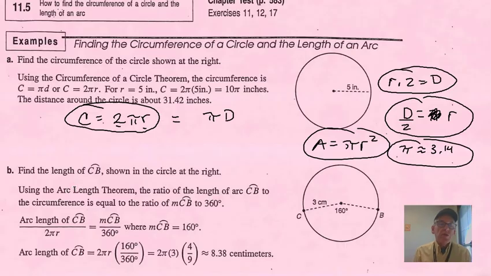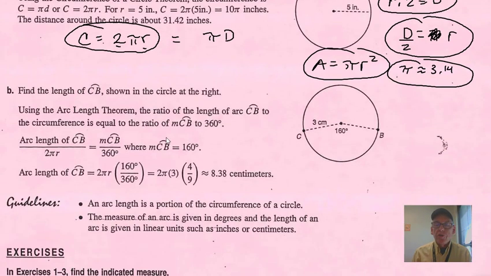For B, they want us to find the length of the arc, which is a part of the circumference. It's actually a fraction of the circumference. If I think about this central angle of 160 degrees, the arc that goes with that 160 degrees is this part right here, which is part of the circumference.